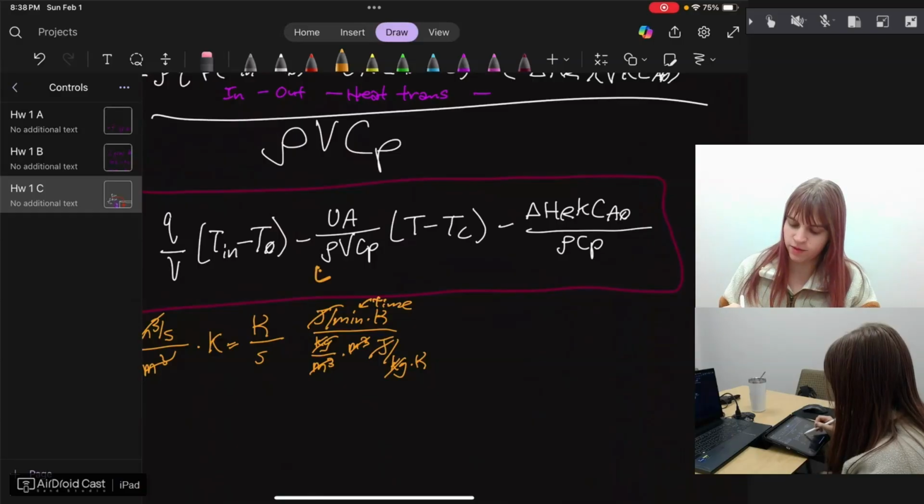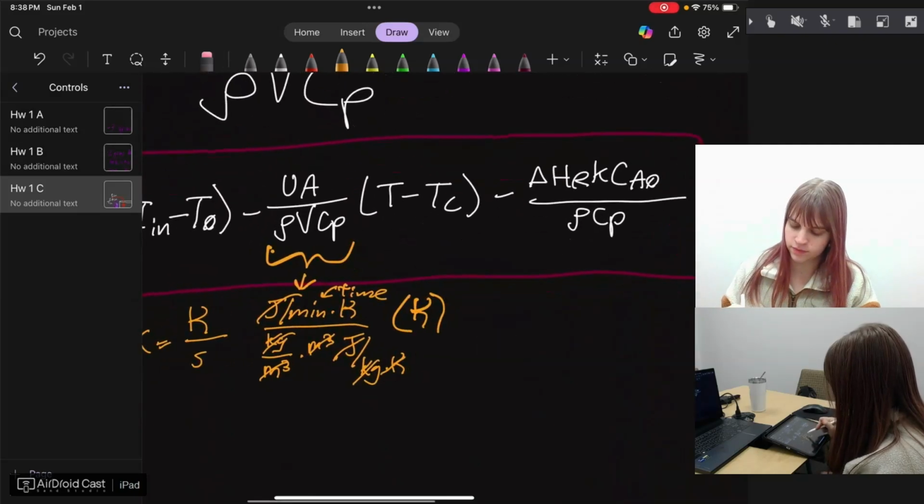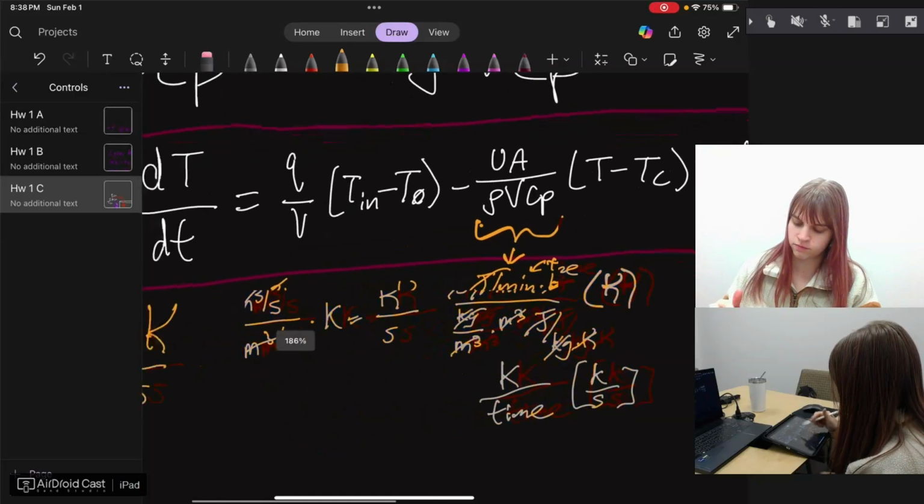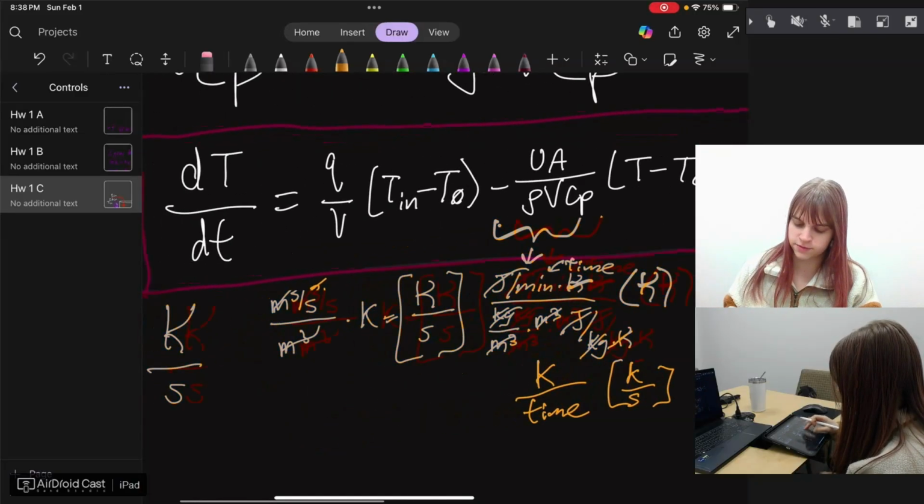I wrote that out, but forgot to include this Kelvin right here. So again, we have kelvins per some sort of time. So far it all works out.